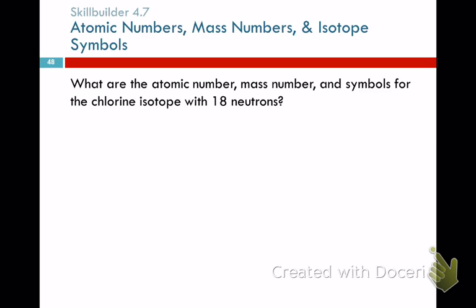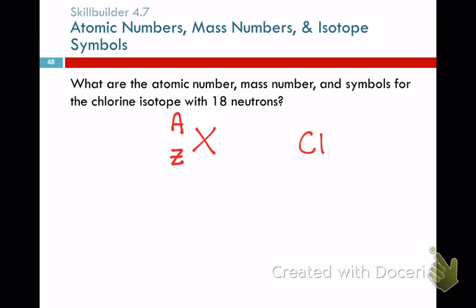What is the atomic number, mass number, and symbol for the chlorine isotope with 18 neutrons? To do the symbol, remember, it looks like this, with the Z at the bottom left and the A on the top left. So, chlorine is what? Cl. The atomic number is 17.